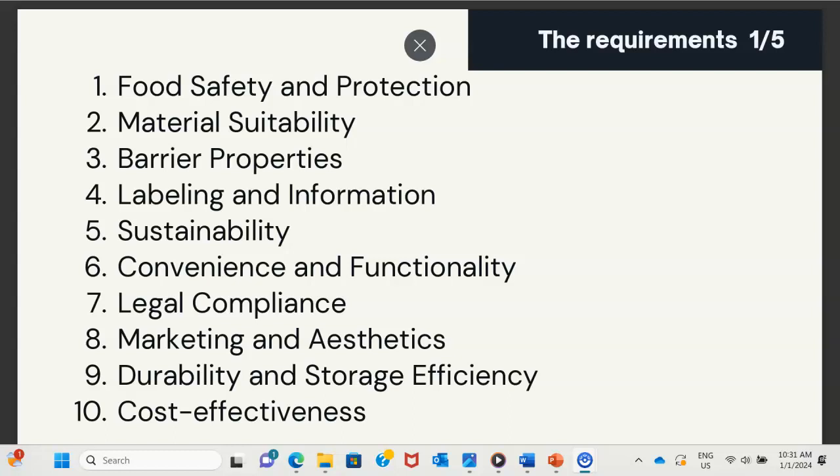Packaging materials must be suitable for food contact. They should not react with the food or leach any harmful chemicals into it. So this is particularly important for acidic or fatty food, which can interact with certain packaging materials.